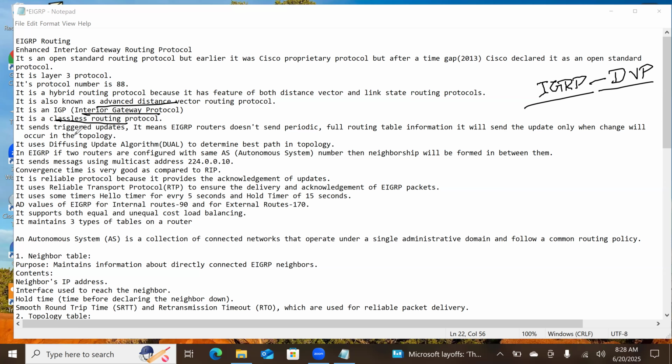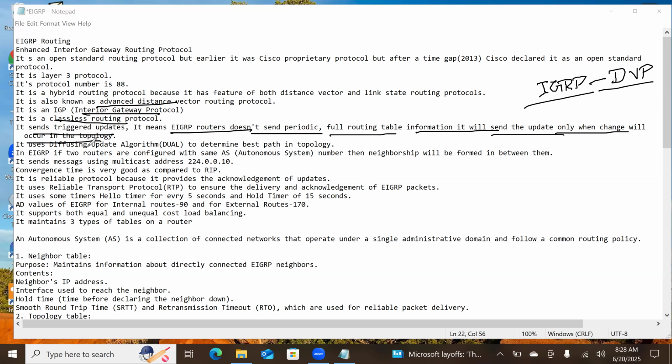Understood? And it sends triggered updates. It means an EIGRP router doesn't send periodic or full routing table information. It sends an update only when a change occurs in the topology, just like OSPF, which sends only triggered or incremental updates. Whenever a topology change occurs, only that information is flooded to all routers.